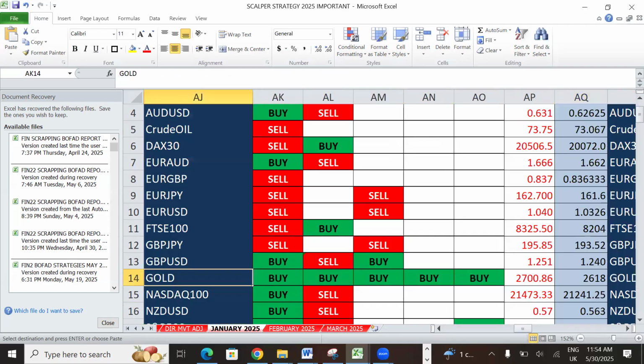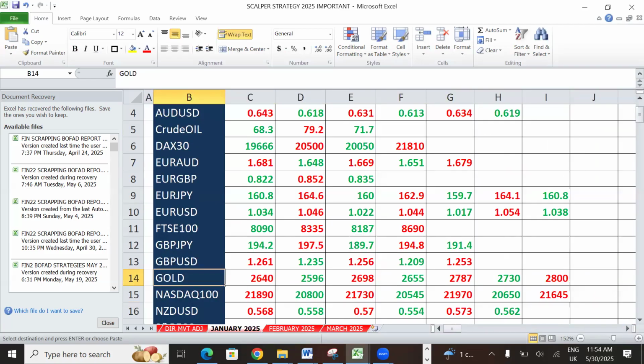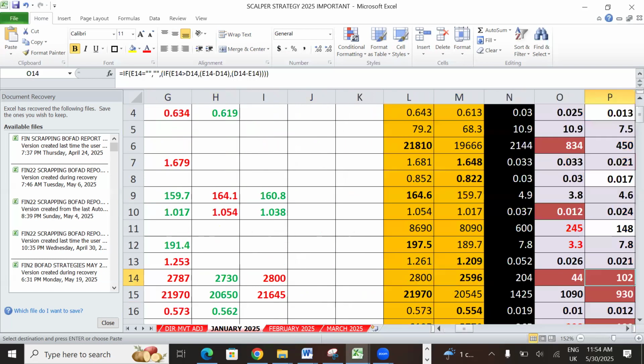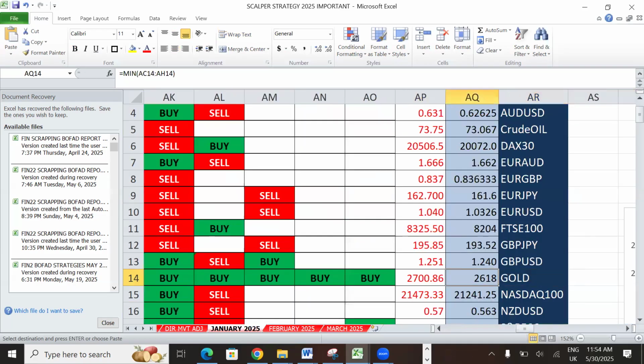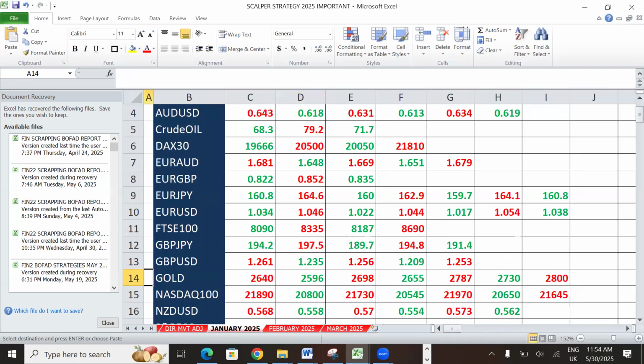So let's go and see. So you can see initially 2640, it came to 2596, like I said. But afterwards, you can see our control is 2618 and 2700. So 2618, you can see all this post time, the market was still in a buy, despite the fact that it was red. But at the end of the day, you can see here, 2700, the market rose to as high as 2800.